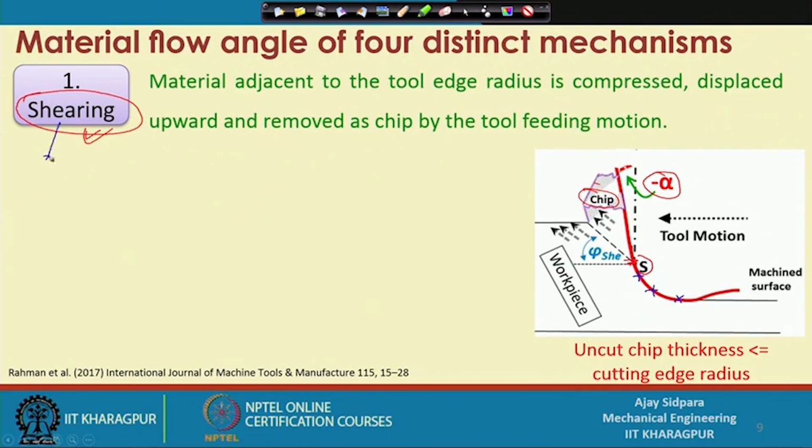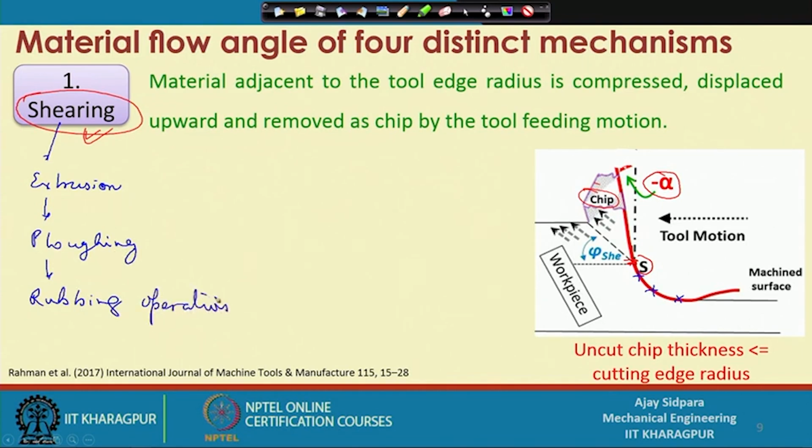One was the shearing mechanism, then extrusion, then ploughing, and then finally the rubbing operation. So, what is important? This shearing is important.